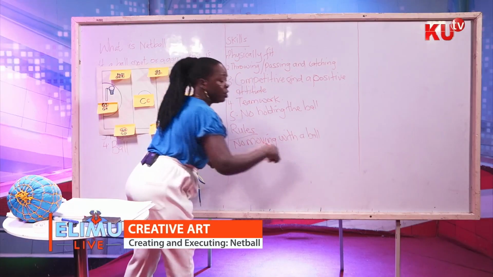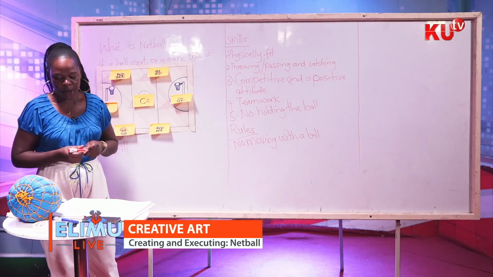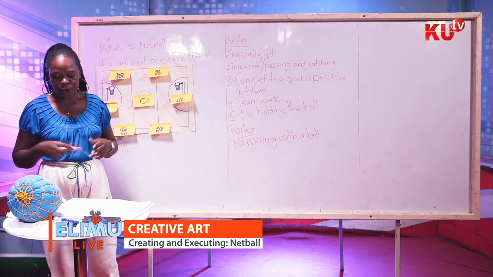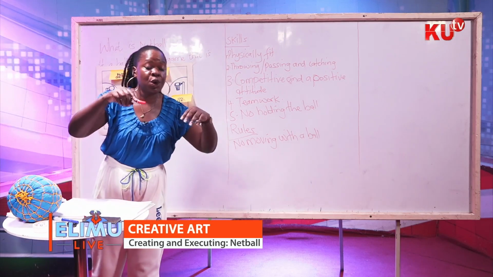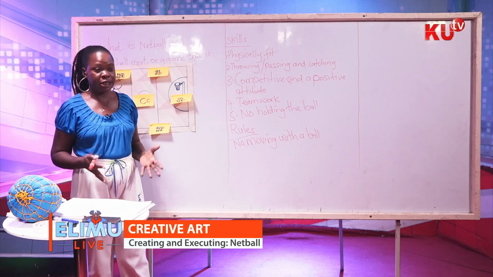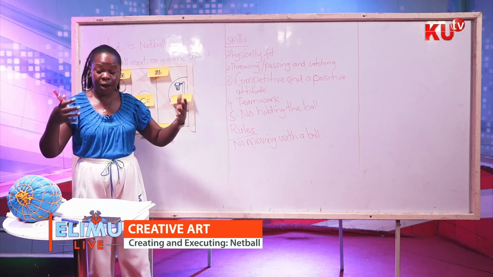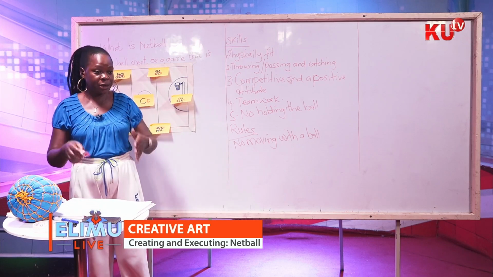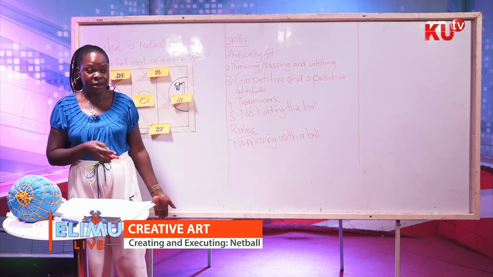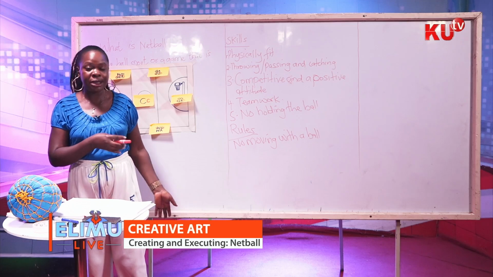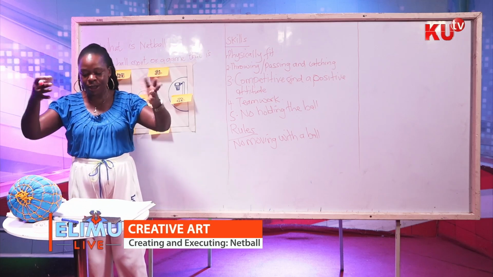You get the ball, you pass it. Rule number 2, you are not supposed to snatch or hit the ball from your opponent's hand. The moment you do that, the referee will blow the whistle, and you will be asked to stand beside your opponent, and the ball will be passed as you see.